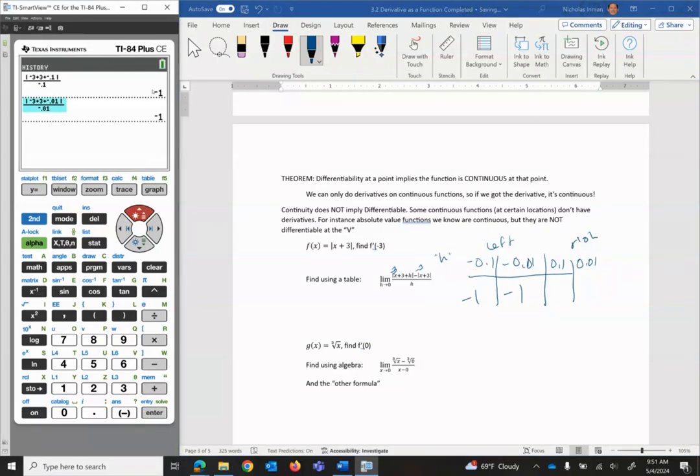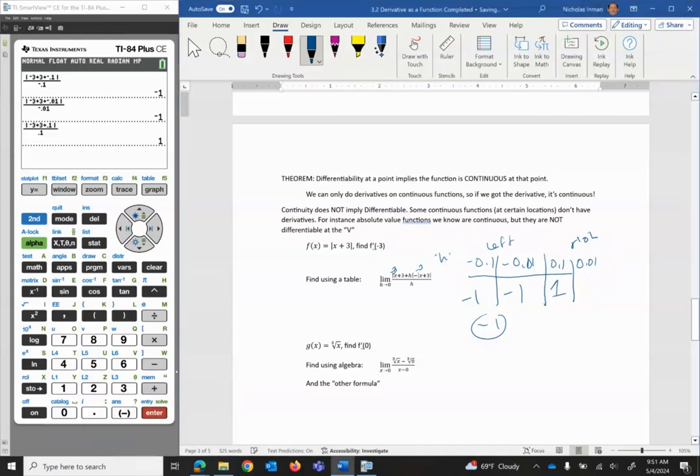Derivative on the right side, so I just need to really get rid of these negatives. Is +1.